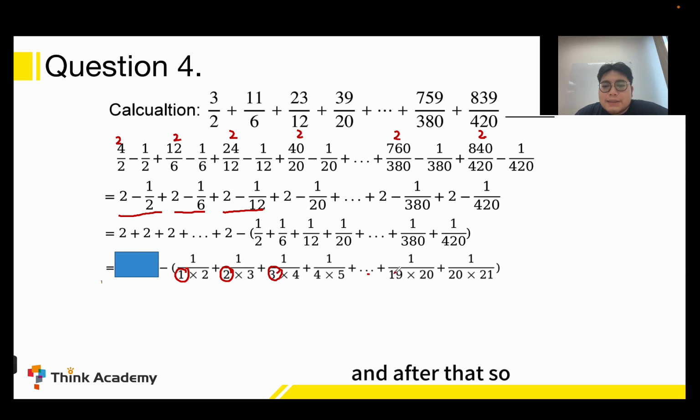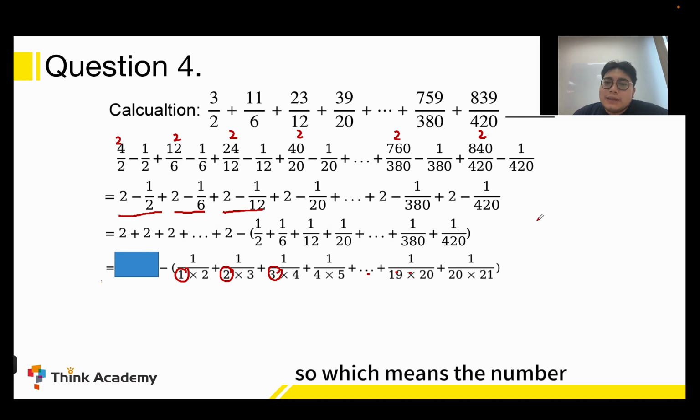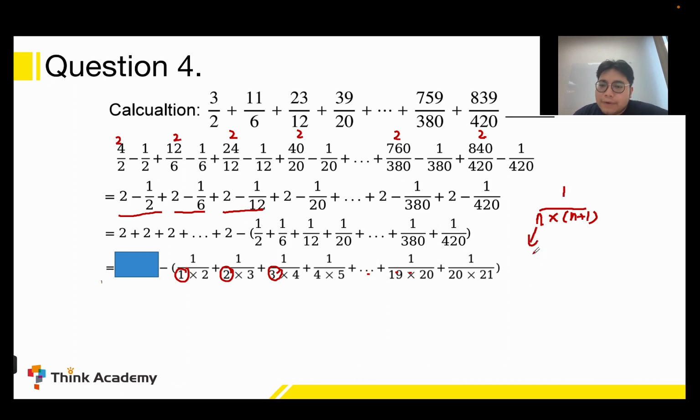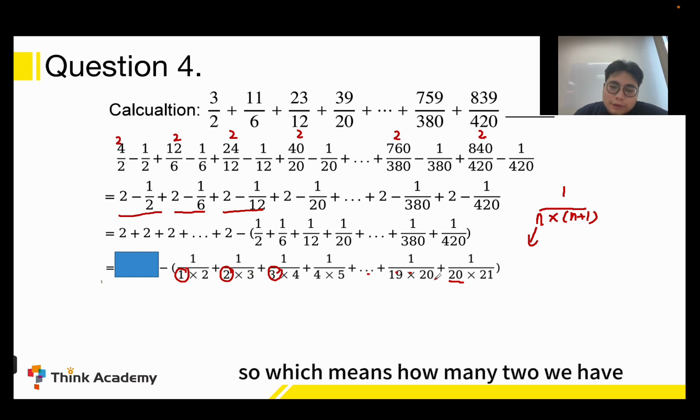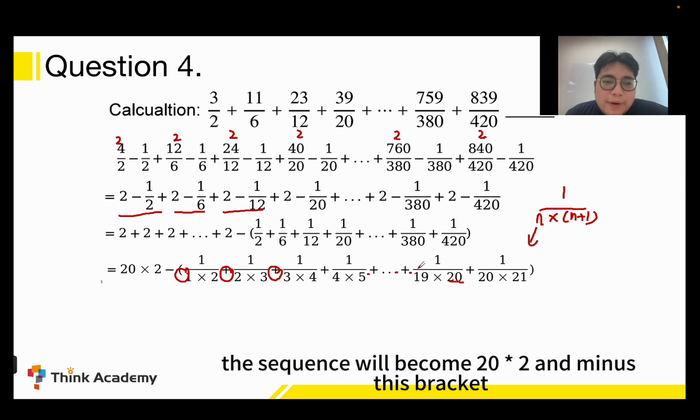And after that, we can find the pattern here: n times n plus 1, and 1 over this. Here n means the number of the group. For example, for 20, we have 20 terms of 2 minus 1 over something. So how many 2s do we have? Yes, we have 20. So the sequence will become 20 times 2 minus this bracket.